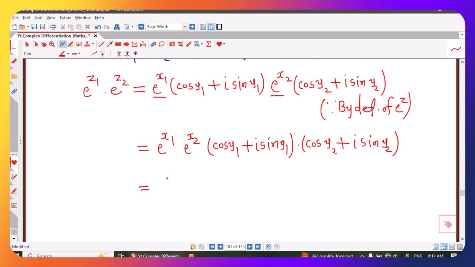And because these two are real exponentials, we can use the property of real exponential, which is e raised to x1 plus x2 can be written as e raised to x1 into e raised to x2.